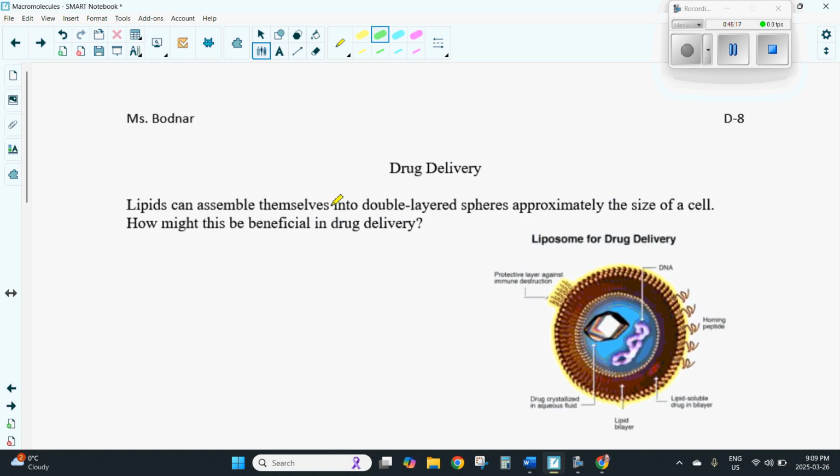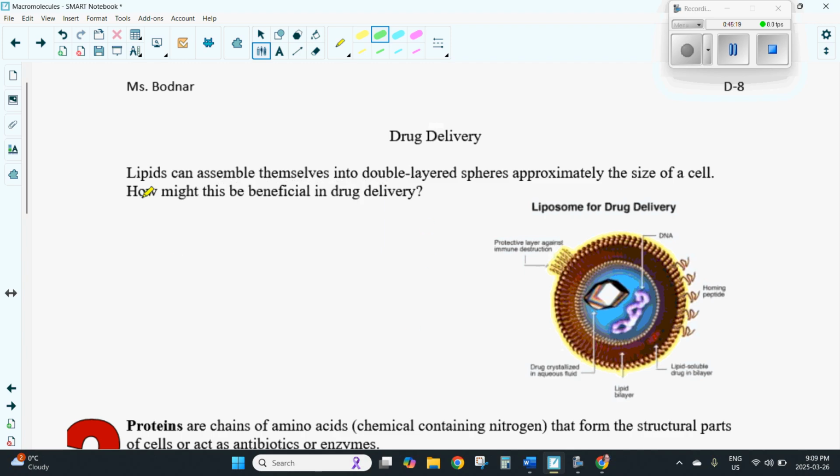Okay, so lipid drug delivery system. Lipids can assemble themselves in a double layer sphere approximately the size of a cell. So this means that we have this lipid structure that is composed of multiple lipids. Okay, many lipids. How might this be beneficial to drug delivery?